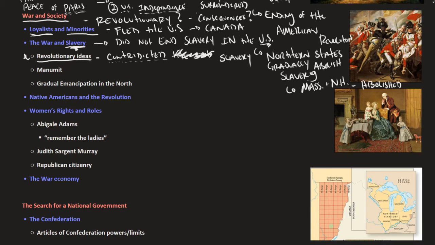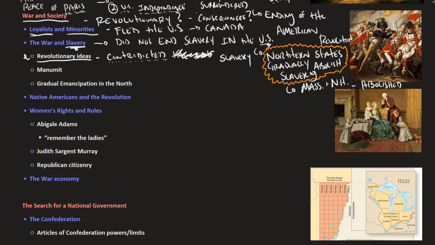For most slaves in the North, emancipation looked much more gradual. That is to say, states like Pennsylvania, New York, and Connecticut essentially wrote laws saying that once the children of slaves reach the age of 25, they will then become free.